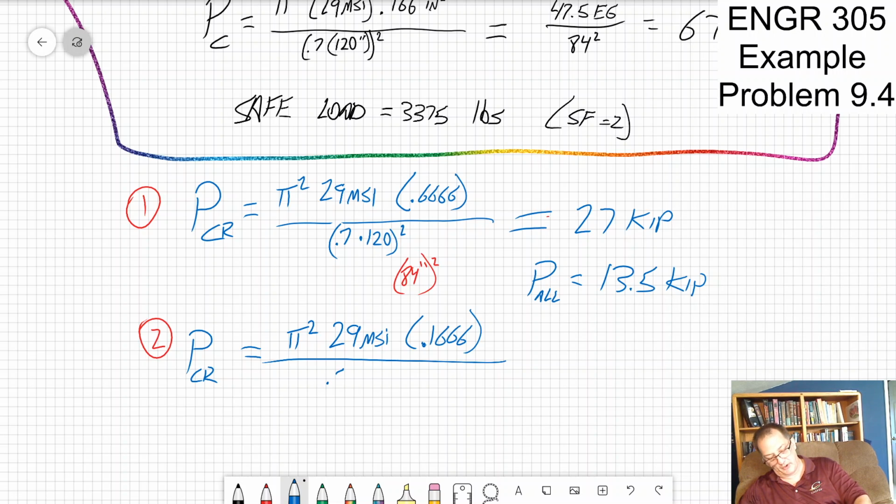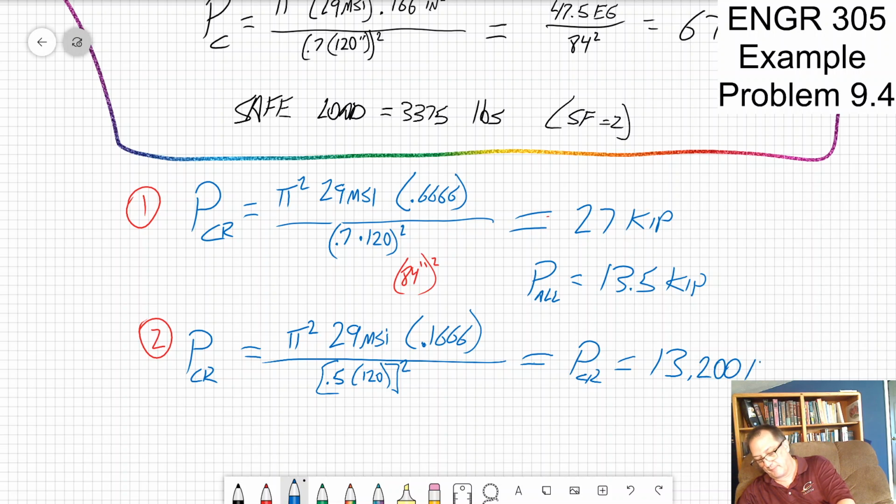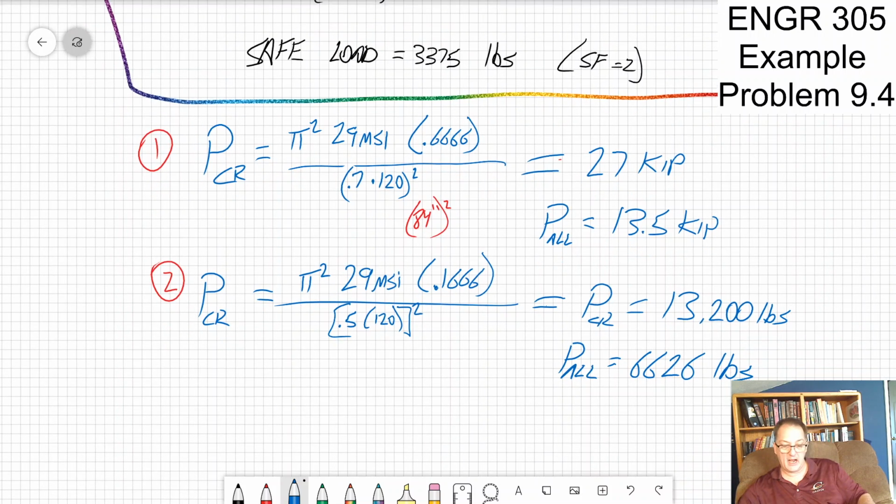This was 0.5 times 120 inches, and that whole quantity is squared. And that gave them a P critical of 13,200 pounds, not kips. And so P allowable, when you throw the safety factor in there, they got 6,626 pounds.